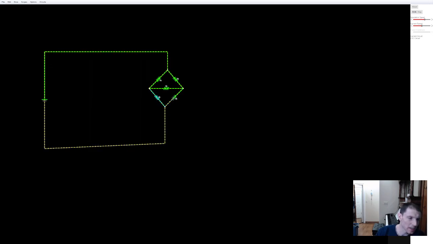Okay, so this is what we have. We have an idea of what's going on. Some current comes out of the battery, comes around here, and splits at this node. This would be a rather simple circuit to analyze if you didn't have this resistor going horizontally across.